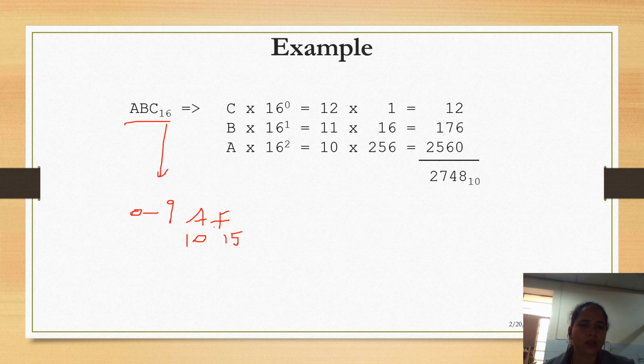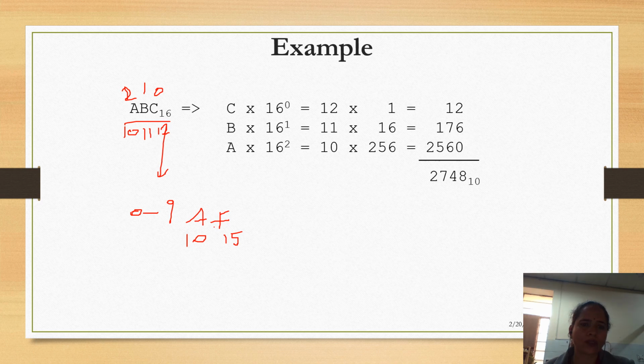Now we first replace the values of A, B, C: A represents 10, B represents 11 and C represents 12. The weightage of these digits is 0, 1, 2.